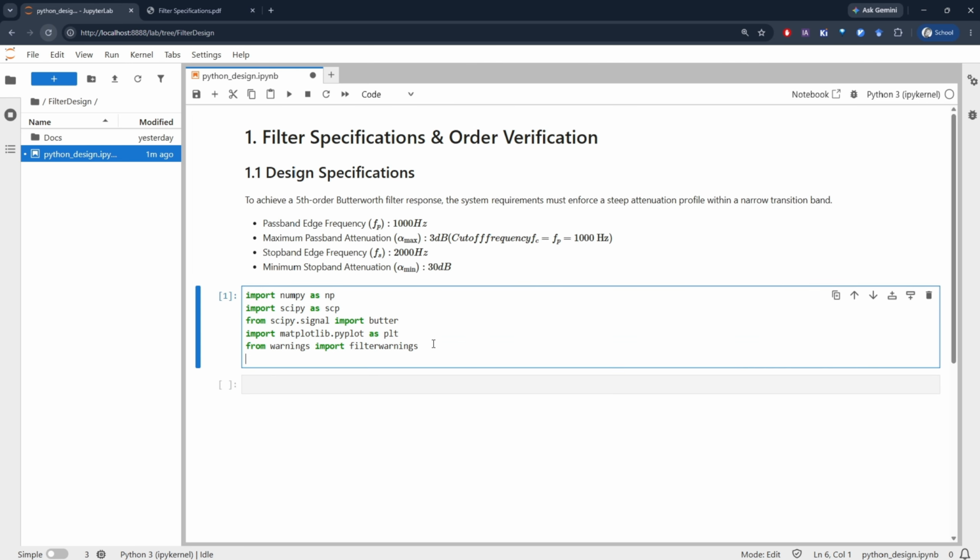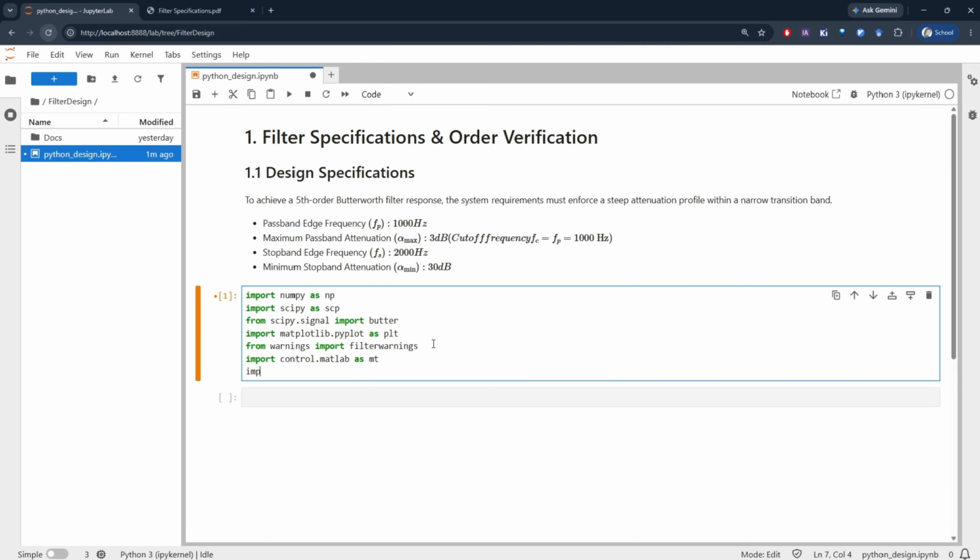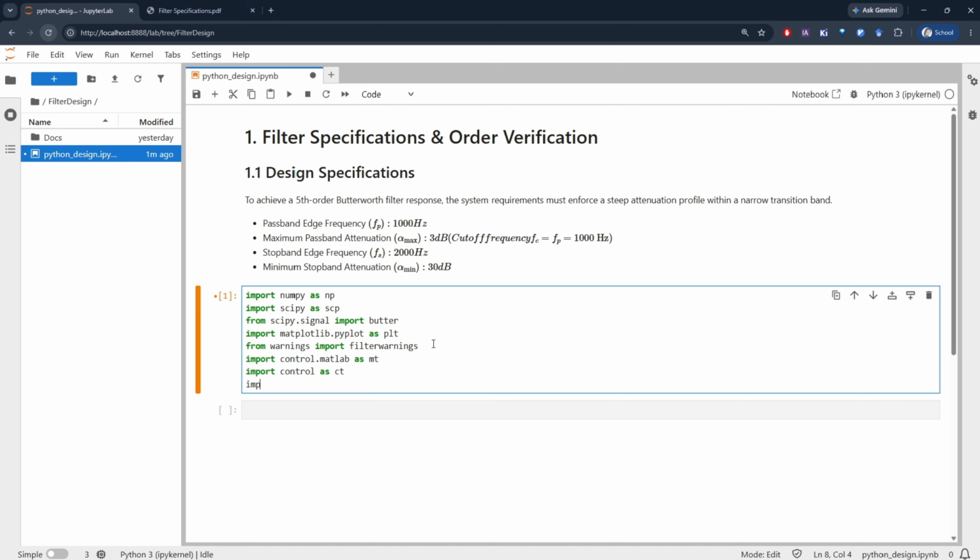Okay, nice, it's working. Then import control.matlab as ct. Then you can import science plots.